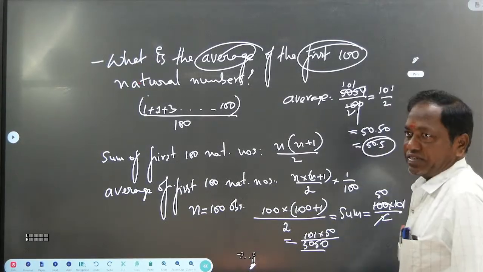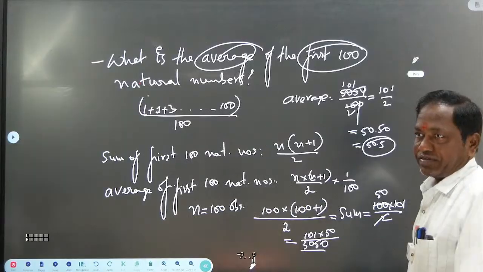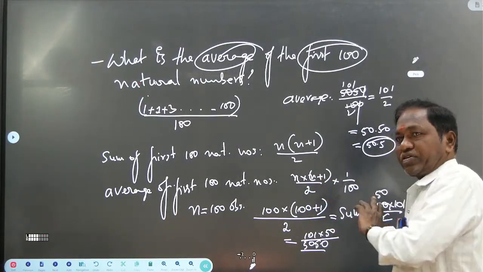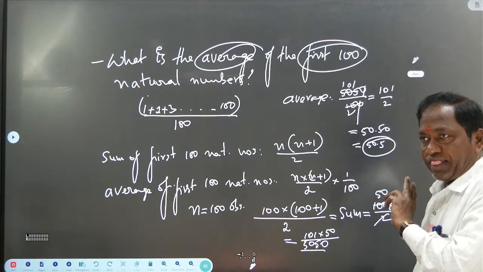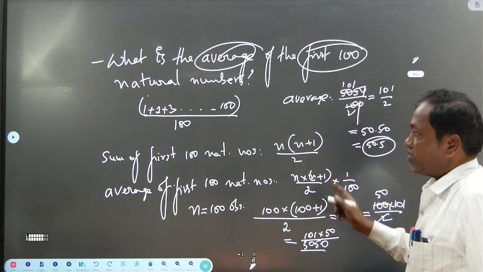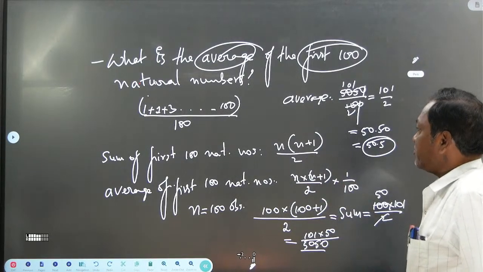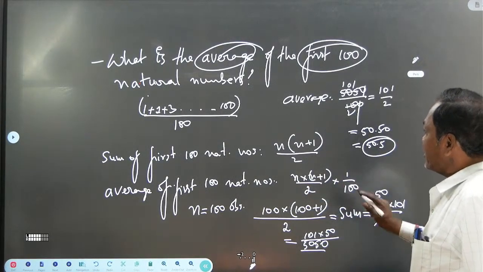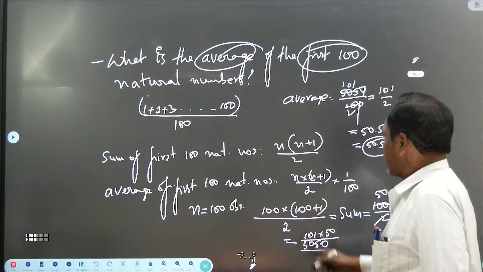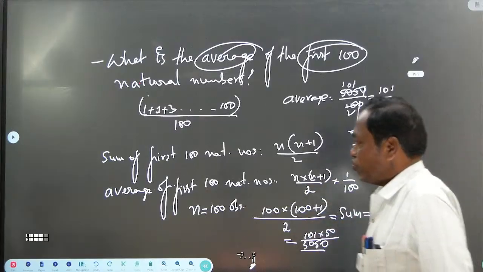This is the average. This is a lengthy process, but I don't say this formula is not required. It is very much required. We need to know that. The sum of the first n observations can always be found with n into n plus 1 by 2, but in a simple structure you can finish it in one step. We have taken too many steps here.